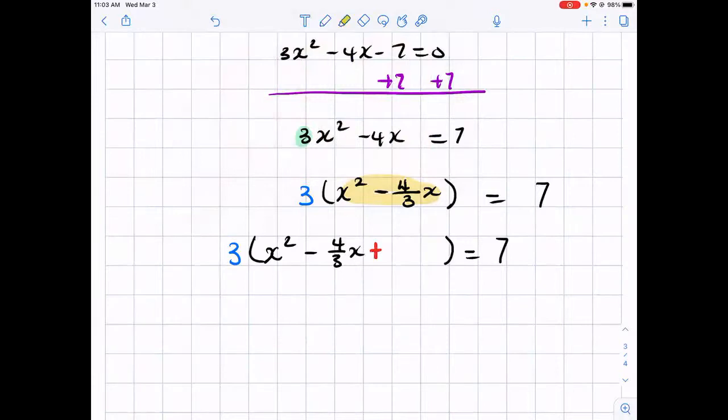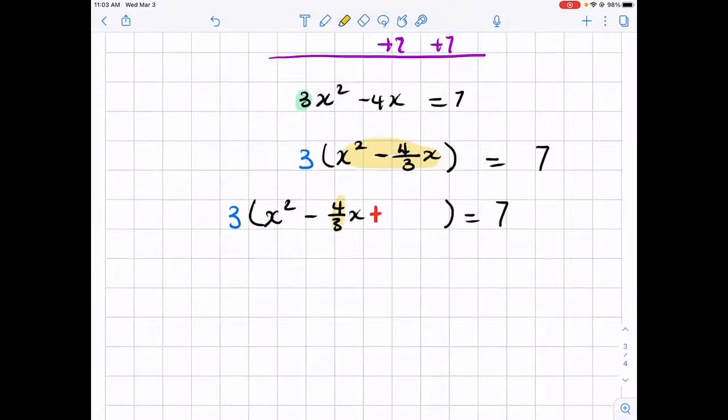In this case, b is 4/3, and we have to divide it by 2. Dividing by 2 is the same as multiplying by 1/2, right? We know we have to square it. So if you multiply that by 1/2, you will get 4 over 6. And if I add it there, I have to add it to the other side also.